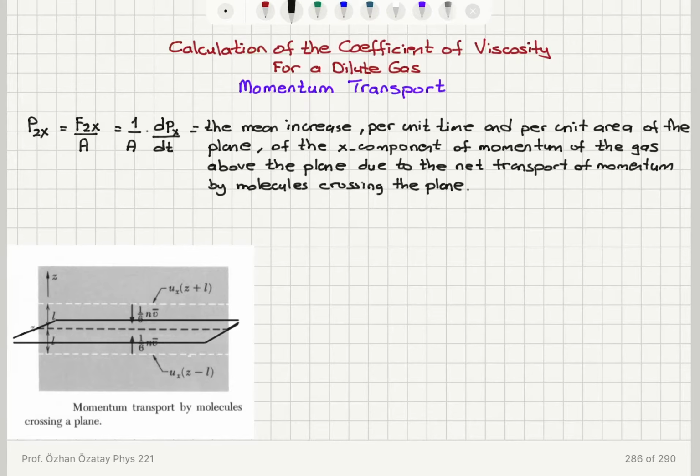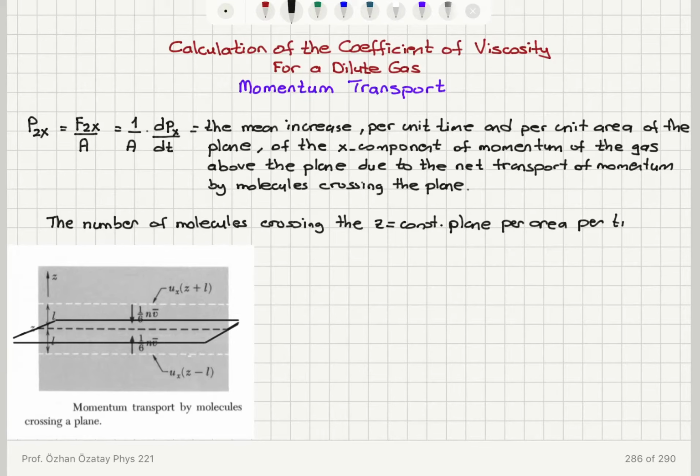So we need to talk about the flux of molecules, the number of molecules crossing the z equals constant plane per area per time. That is basically the molecular flux.